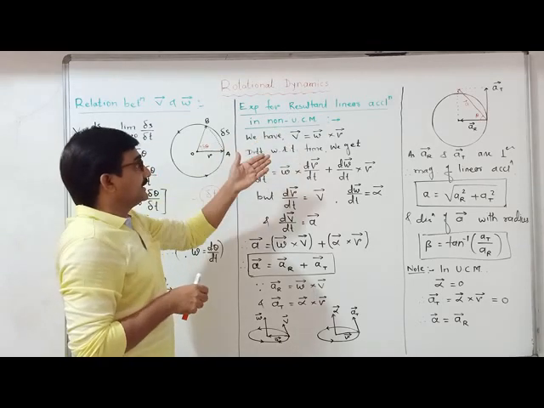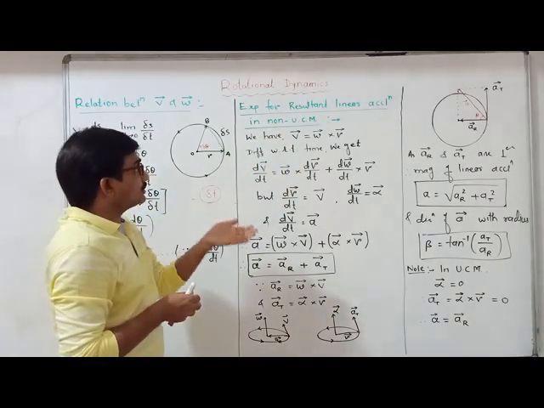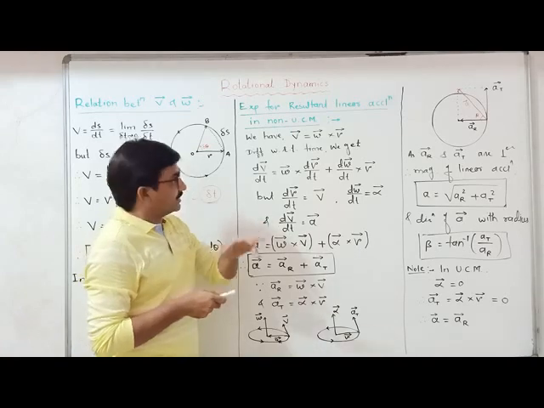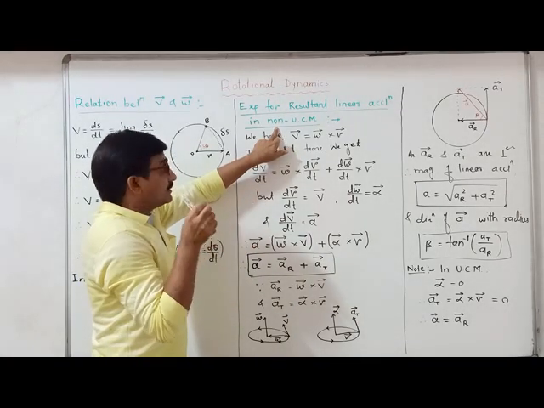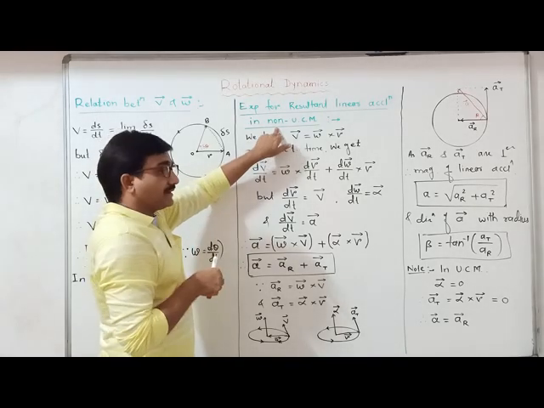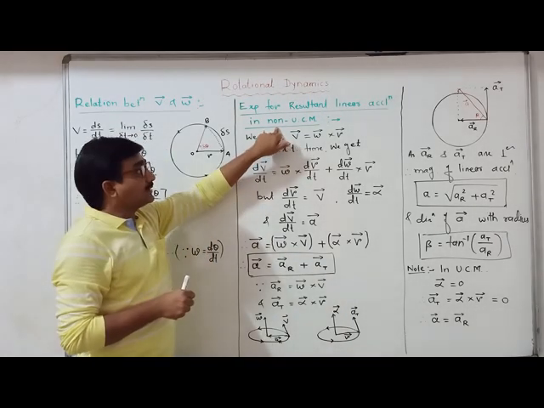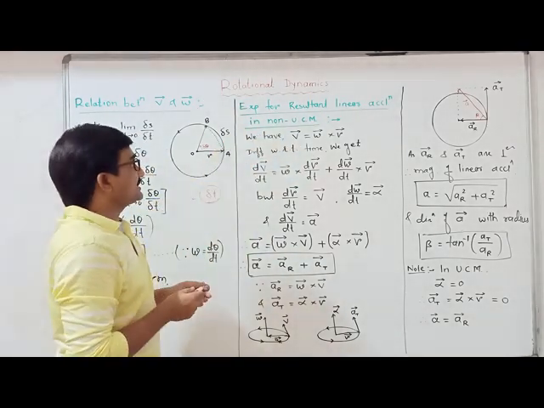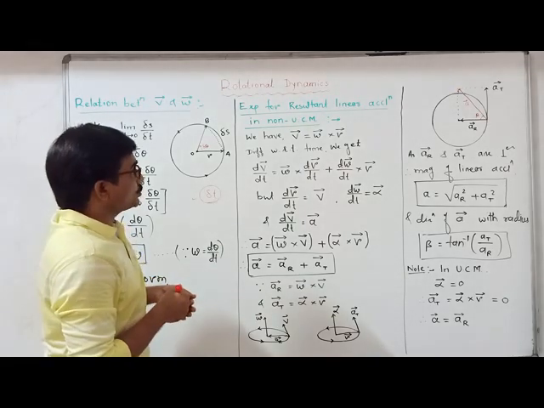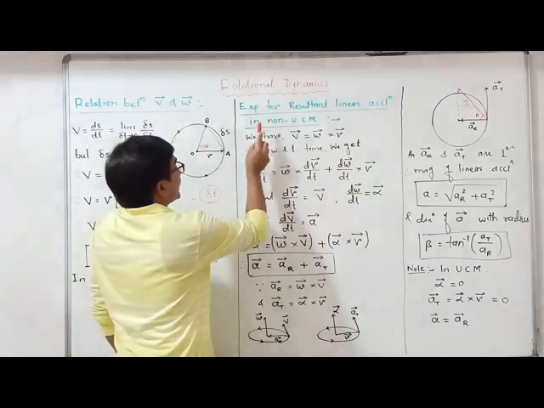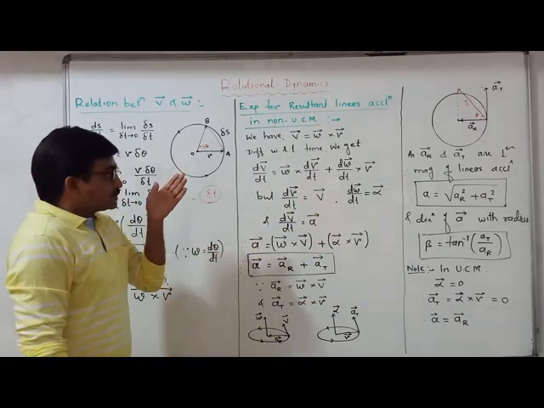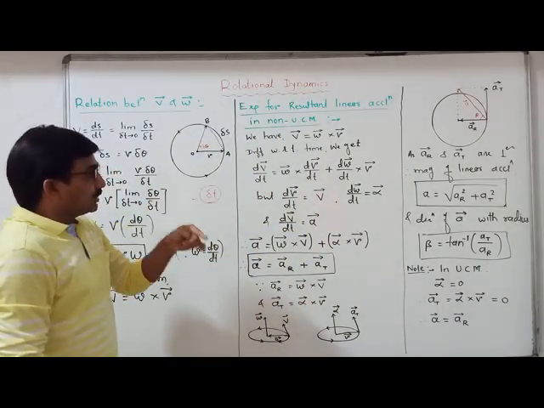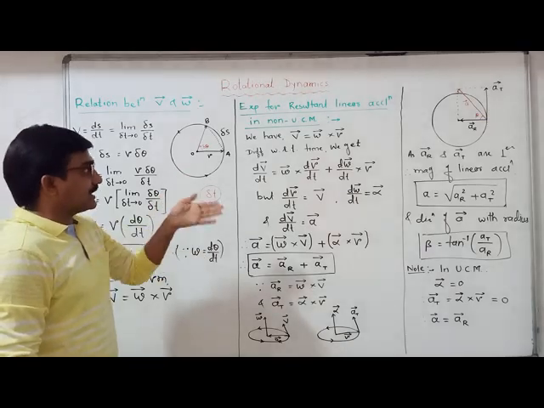This is because in a non-UCM the magnitude of linear velocity, that is the linear speed, is variable, and the direction always changes in a circular motion. So again note that in a non-UCM, linear velocity changes in both magnitude and direction.